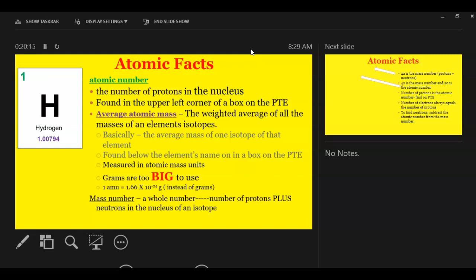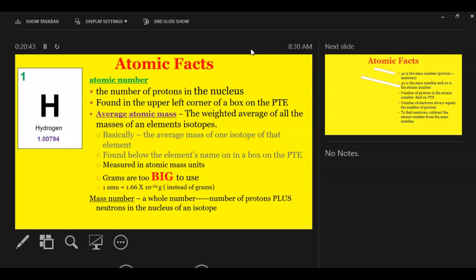And this mass number really does help to identify the isotope, right? Now the mass number is the sum of the protons and neutrons in the nucleus of the isotope.